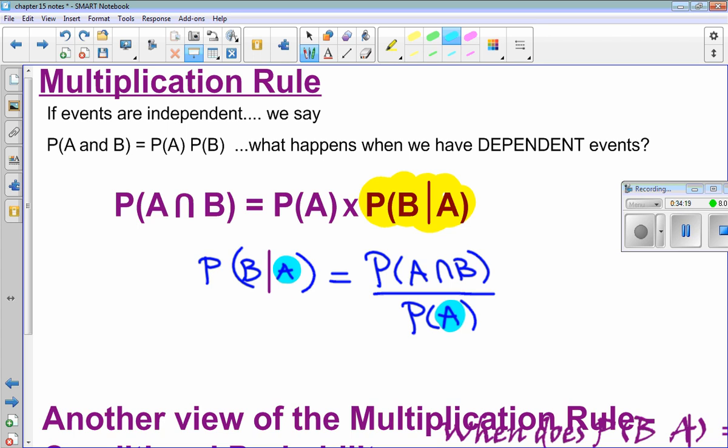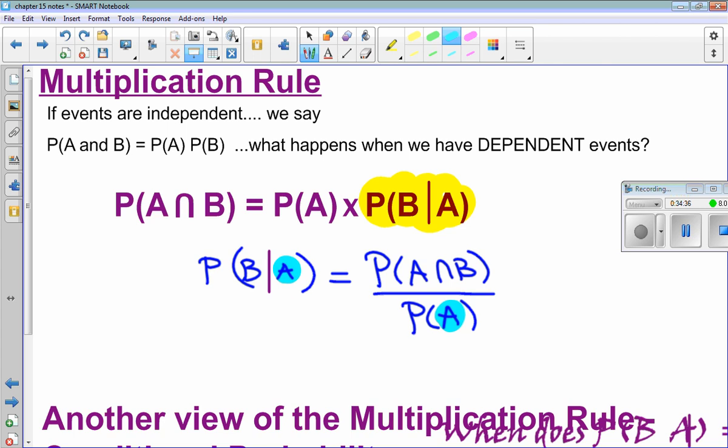Given that. That's how it's written. It's what we call a conditional probability. And we're going to look at some examples of that in just a second. But notice what given that and what you divide by are the same.